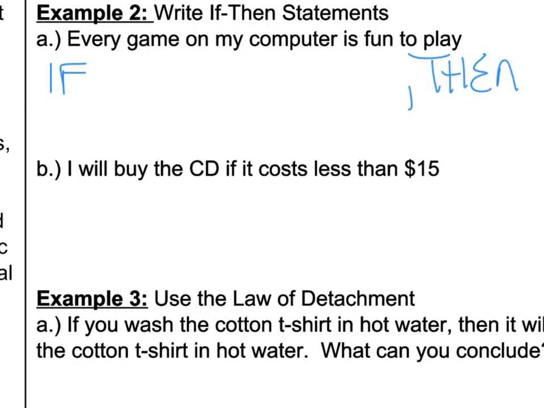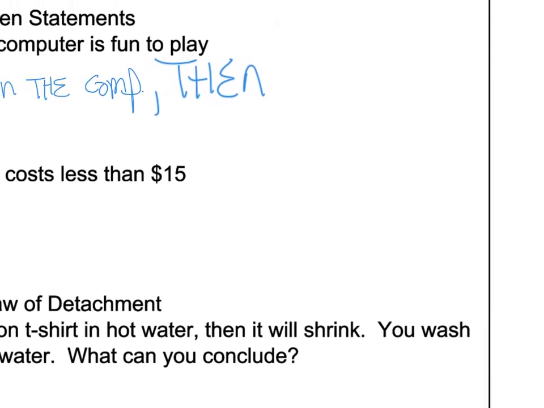So if a game is on the computer, I'm going to abbreviate computer there. So if a game is on the computer, then what? Then we presume that it's fun to play. All right.